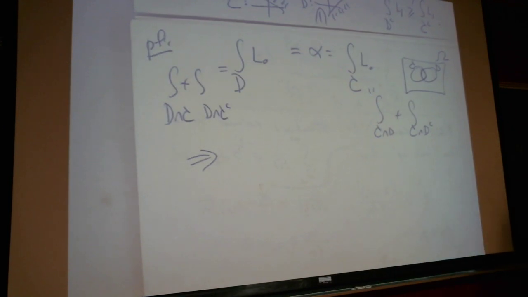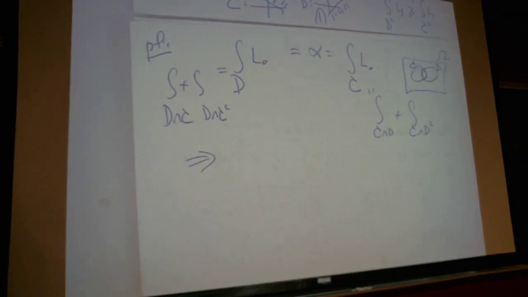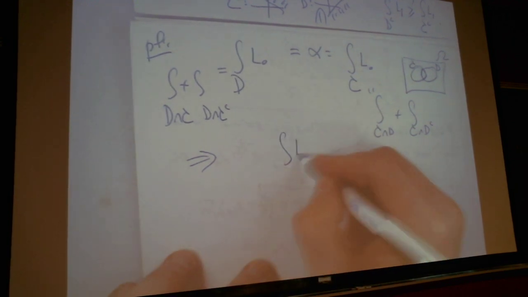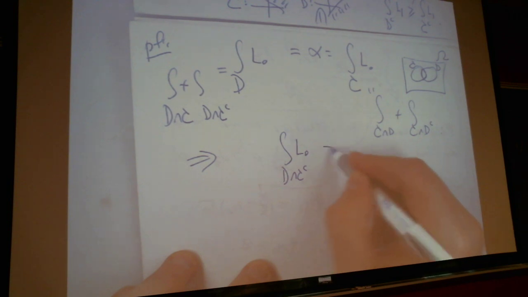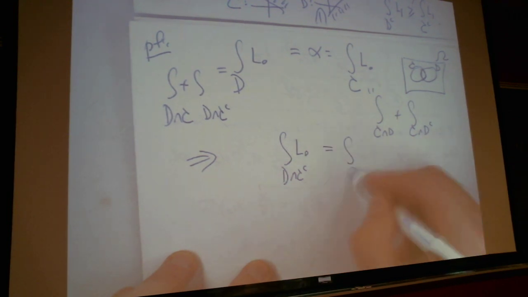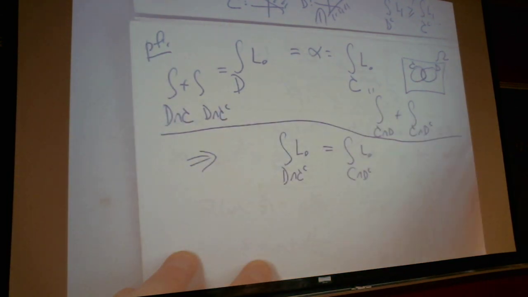Does everybody see that? So I'm just canceling this and this from both sides. So the integral of L0 on D intersect C complement is equal to the integral on C intersect D complement of L0. Does everybody follow that step?